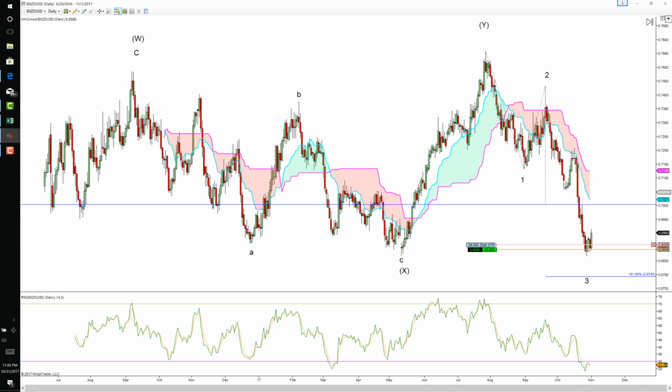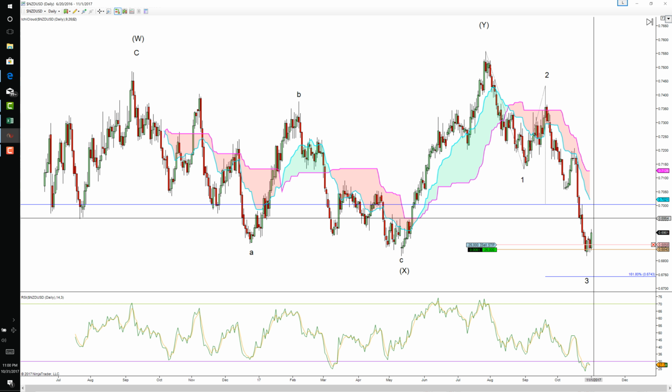On the flip side, if this is wave 3, then you'll see prices most likely go a bit above 70, and it can go more towards 70.50, but it should not go above 71.33, because if this is the 1, wave 4 can't enter the territory of wave 1, and it will take some time.